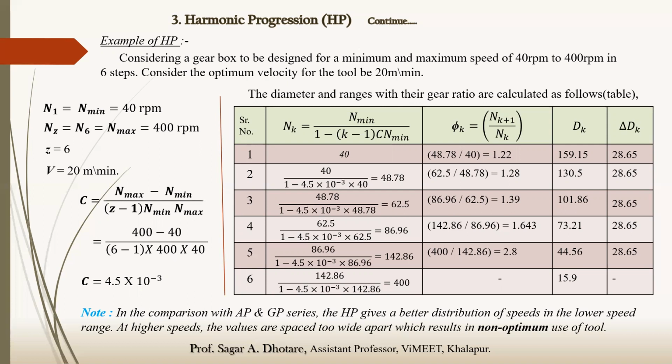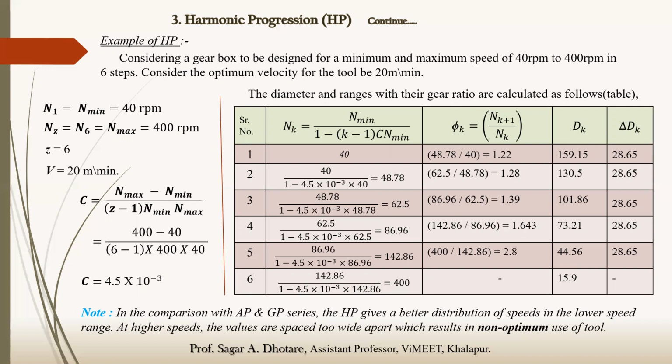So 40 divided by 1 minus c n1, where c is equal to 4.5 into 10 raised to minus 3, multiplied by 40. Using this equation, what we get? The value of the second speed is 48.78. Now let's find out the gear ratio.